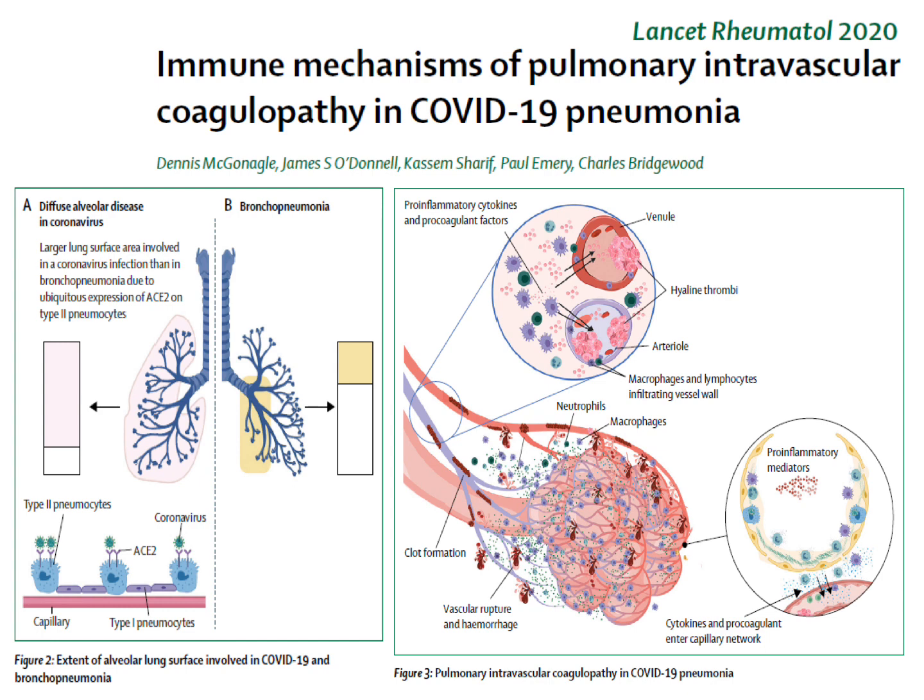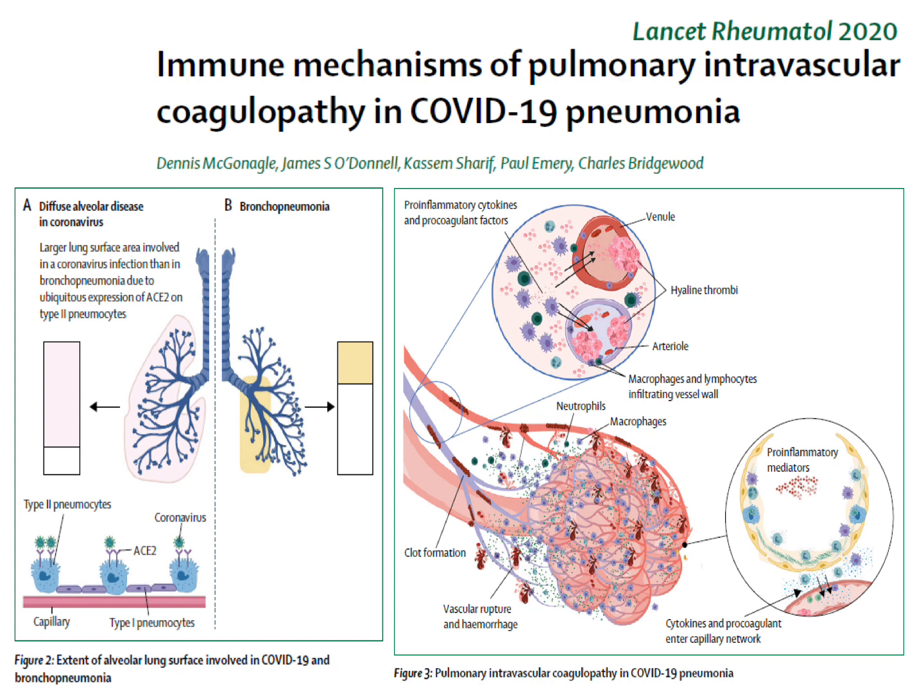So a group of authors, in fact, suggested or hypothesized that maybe the immune mechanism can cause what they called pulmonary intravascular coagulopathy rather than the disseminated intravascular coagulopathy known as DIC.